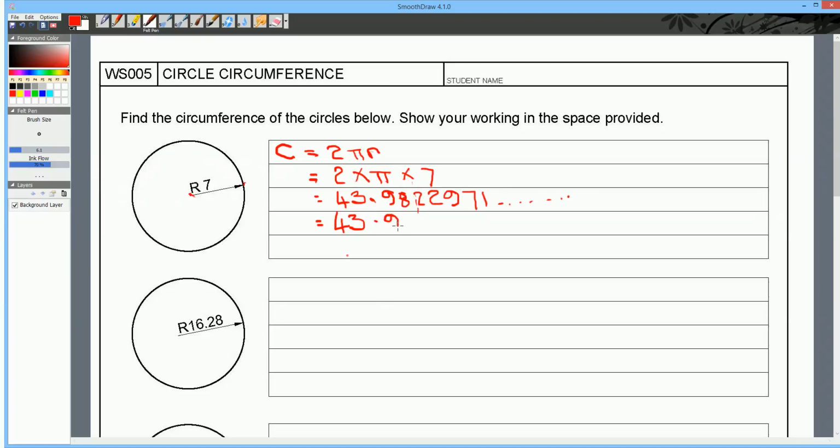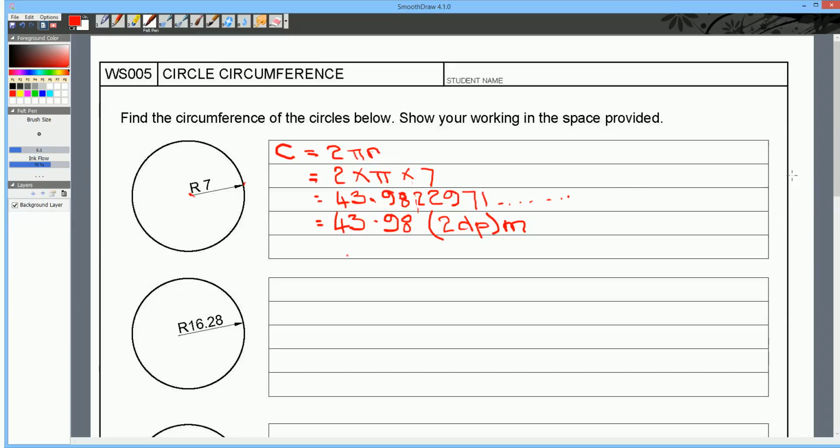If the number after it is 5 or more, it can go up 1. Now we just let people know that we have rounded this number to 2 decimal places, and not everyone knows that it's always meters, so let's just put meters over there for some units. And there you are, first one's done.